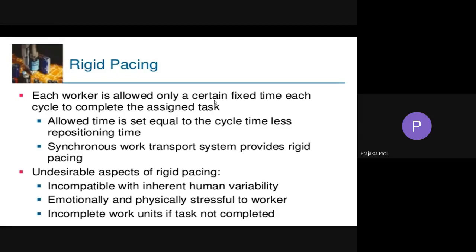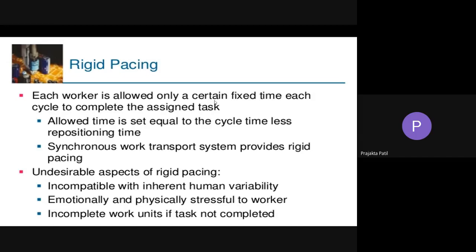So when a worker is working at a certain workstation, the worker is going to have a certain time which is assigned, and he has to perform the task within that assigned time itself. There is no flexibility for any sort of delays with respect to the time that has been allotted to the worker to complete his or her task.